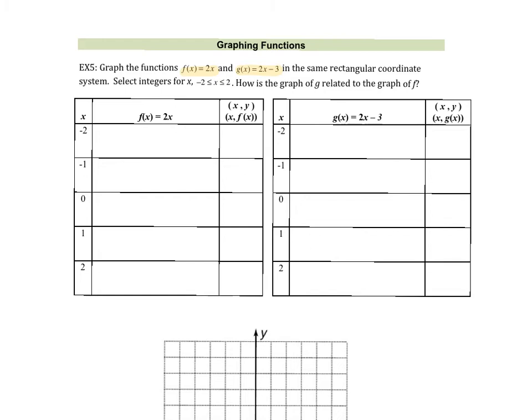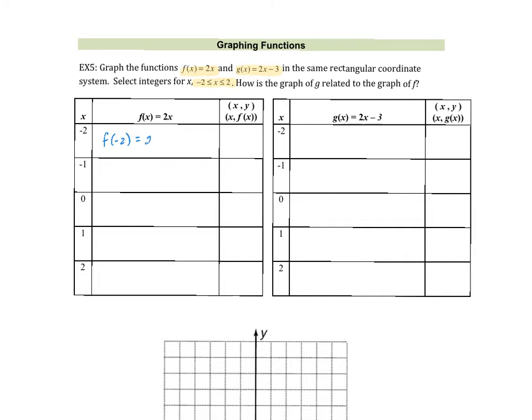So f of x is equal to 2x. Also notice that the directions say select integers for x from -2 to +2. So the integers would be -2, -1, 0, 1, 2. When I put -2 into my function, I have f of the x value is -2.